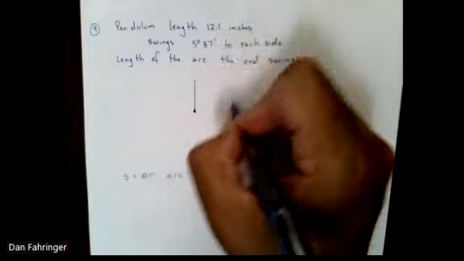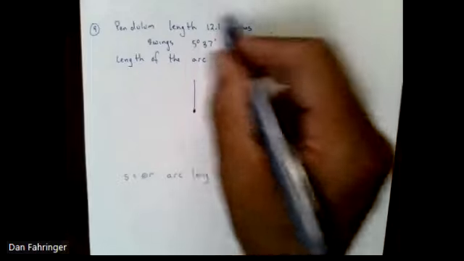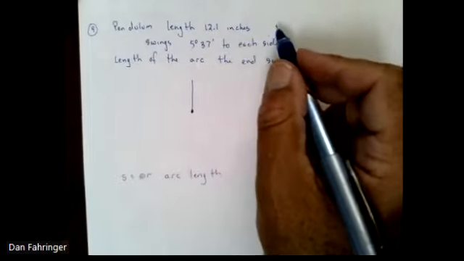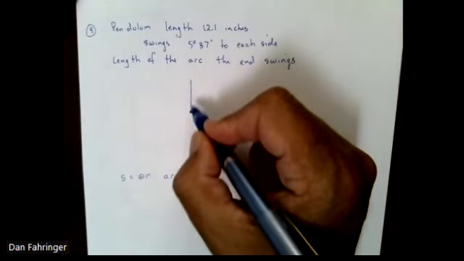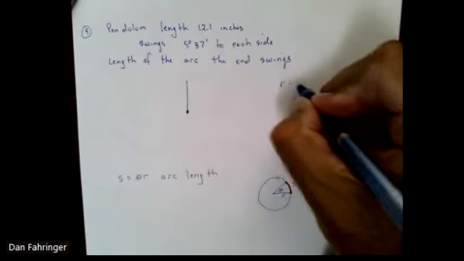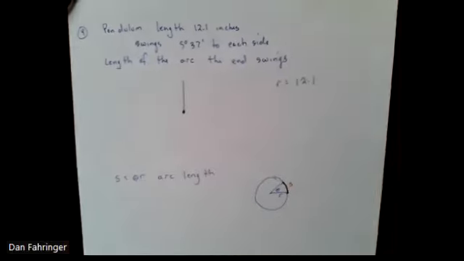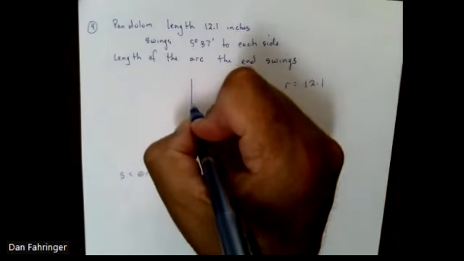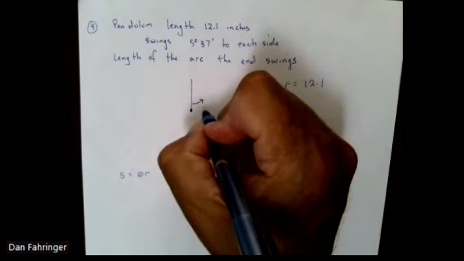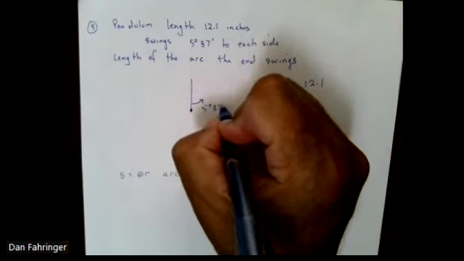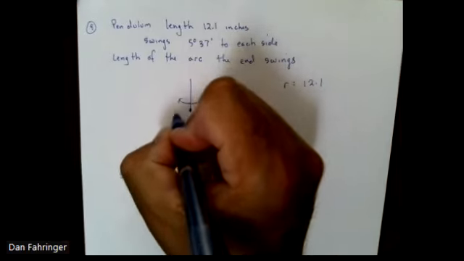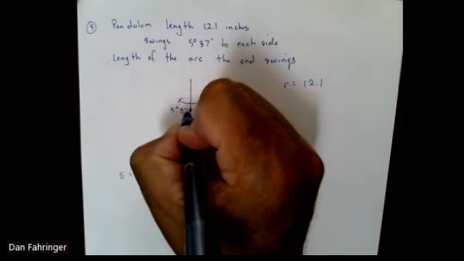So if I would take that pendulum and spin it all around, I'm thinking, yeah, I'd have a circle. So this pendulum right here is actually going to equal the radius of the circle.